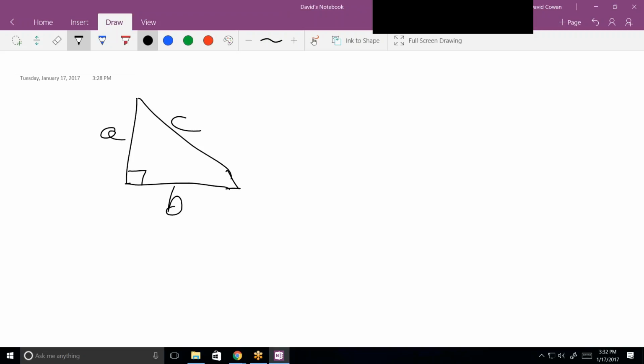What's the equation that governs this right triangle? A squared plus B squared equals C squared. One of the most important theorems in all of math: when you have a right triangle, the sum of the squares of the smaller sides equals the square of the hypotenuse.